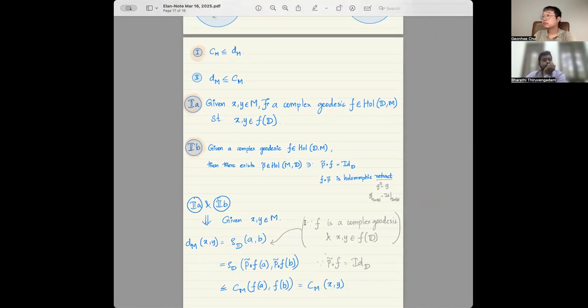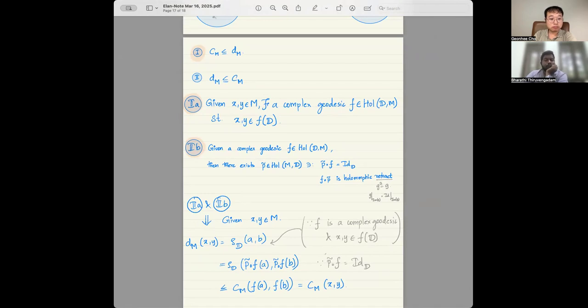That's what we will be using later on, because that's what we are writing here. The Kobayashi distance d_M of x comma y is equal to rho_D of a comma b. We will come to that point. So this F complex geodesic is basically an isometry from the unit disk with the Poincare metric to the complex manifold with the Kobayashi distance.